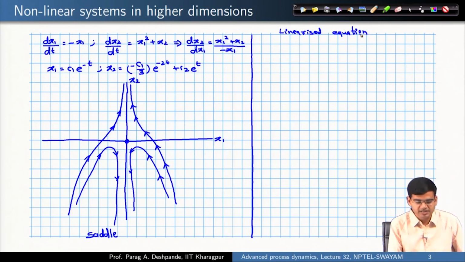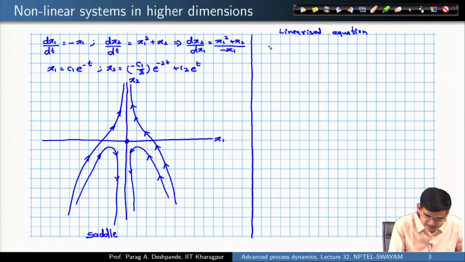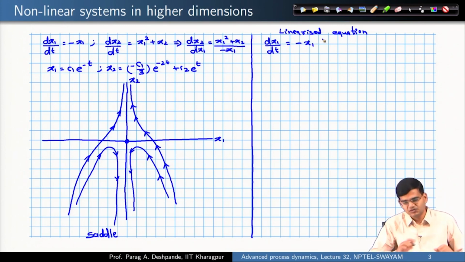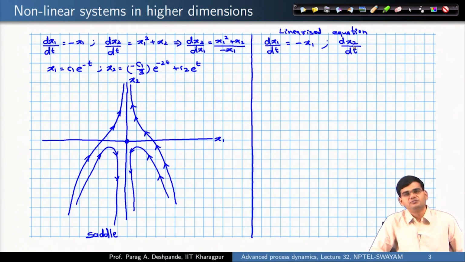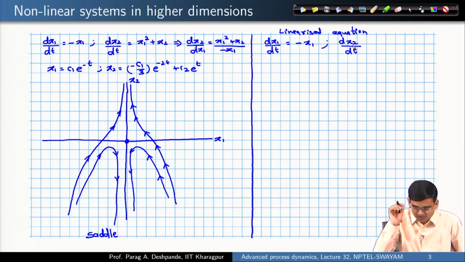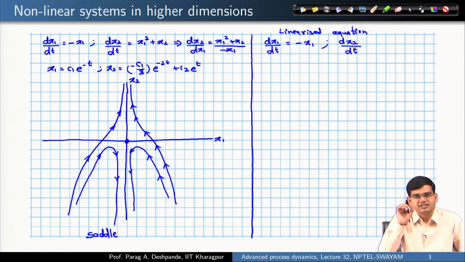I can write the linearized model as dx1 upon dt is equal to minus x1. This equation was already linear, so nothing problematic here. The problem is that the other equation was nonlinear. So, I make this other equation linear by simply setting x1 squared to 0. I can do this only because (0, 0) is my equilibrium solution, and in close proximity of (0, 0), x1 minus x1 equilibrium squared will be a negligible quantity.